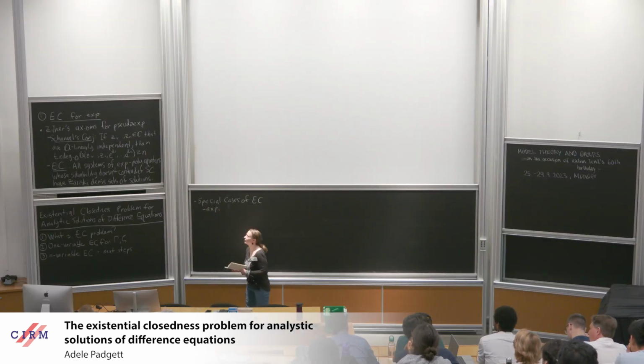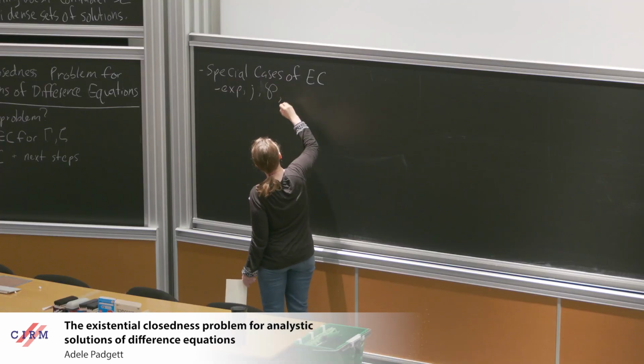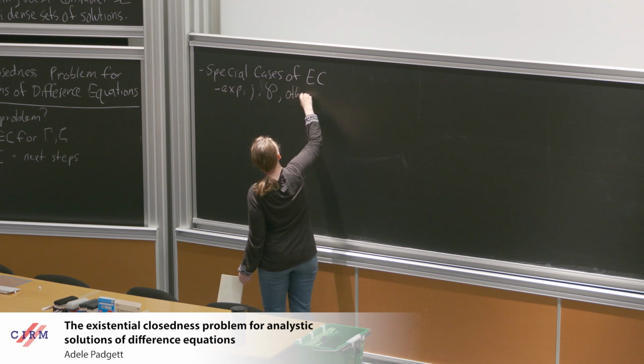But the problem has also been formulated for other functions with analogous versions of Schanuel's conjecture, such as the J function, Weierstrass P functions, and higher dimensional analogs of these things.